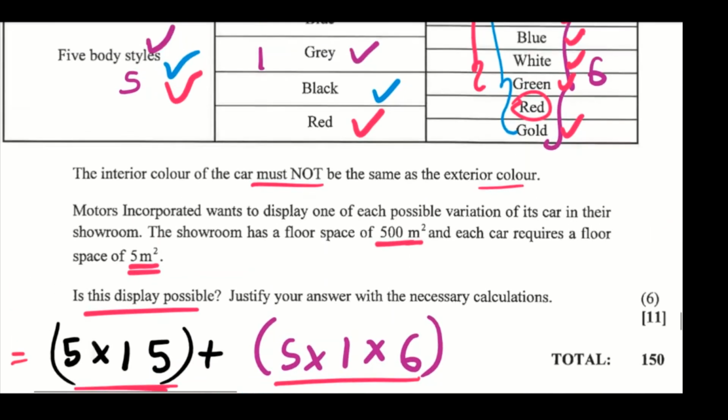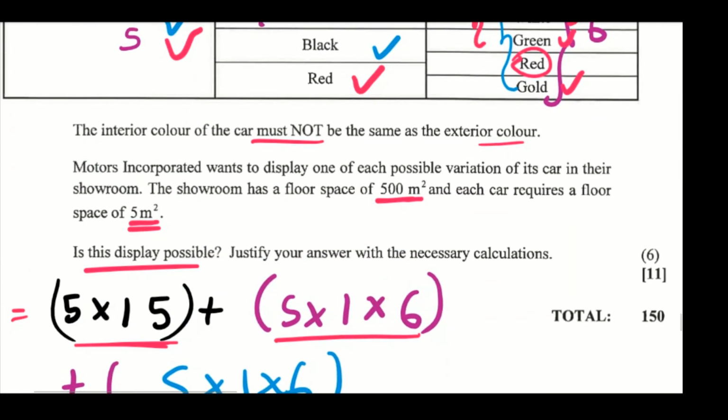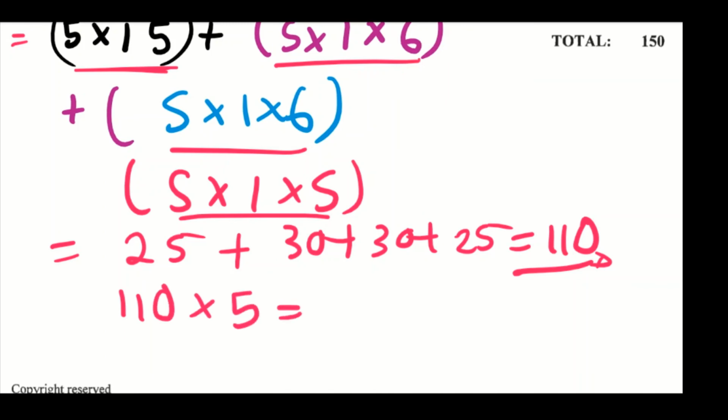Once we have that, each car holds 5 square meters, and 110 multiplied by 5 gives us 550.